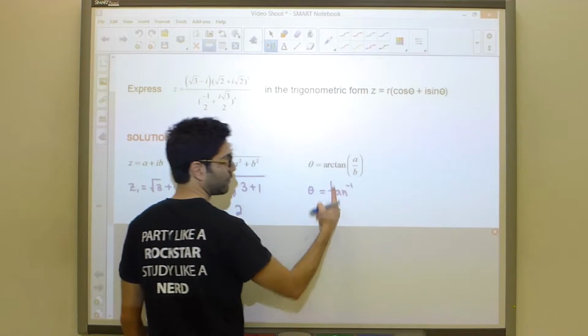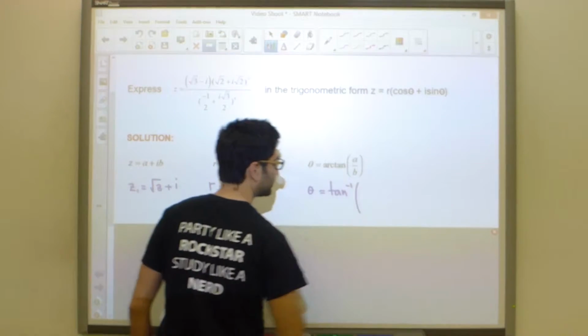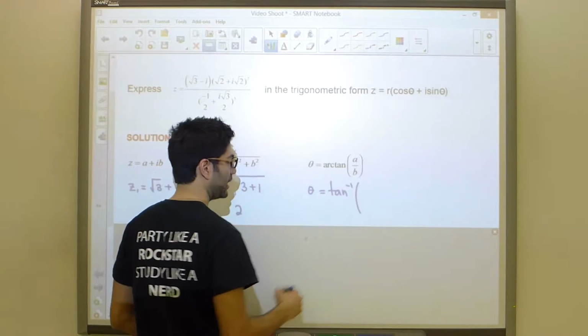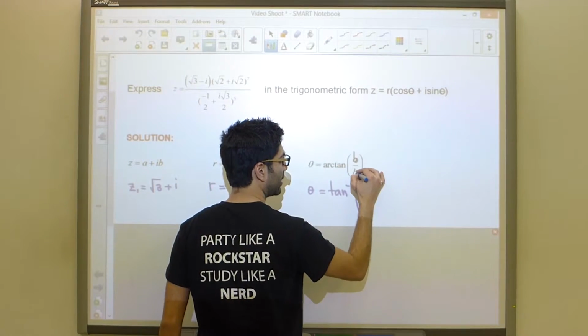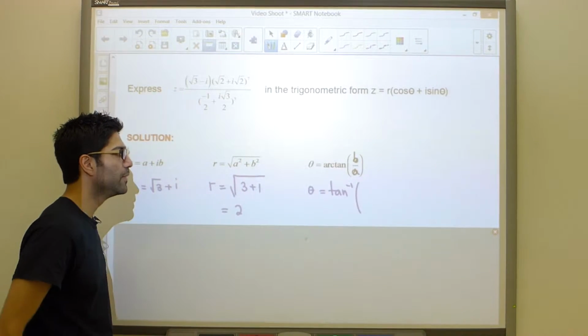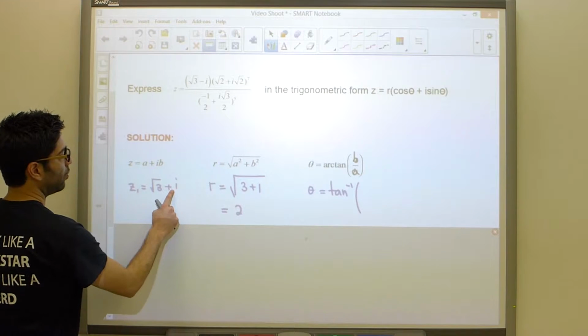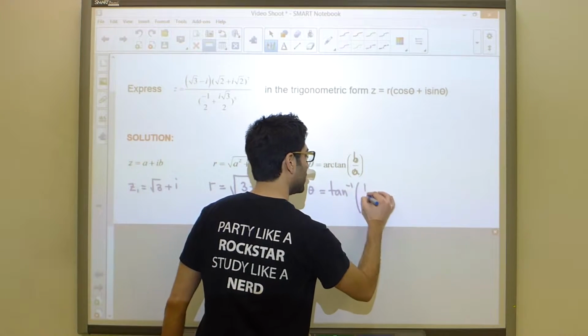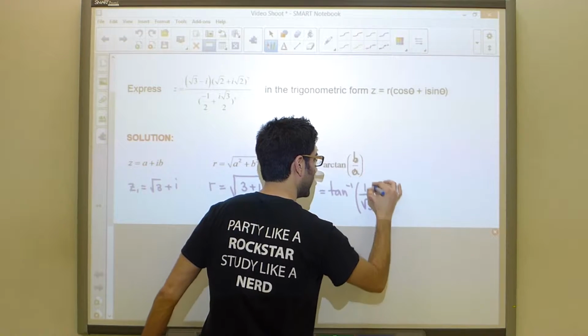Now, this is another way of writing arctan of b over a. So this formula is not typed in correctly. Understand it is b divided by a and not a divided by b. It should be right in your notes though. So b is 1, the number in front of i, is 1 divided by root 3.